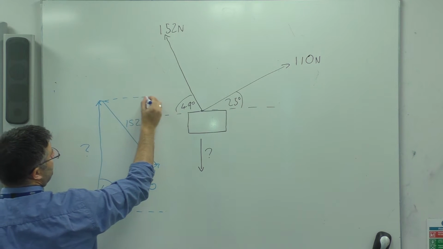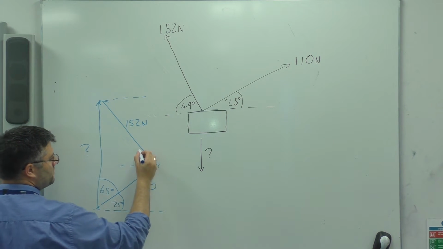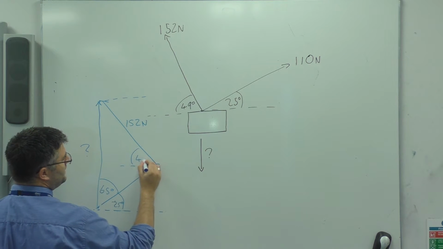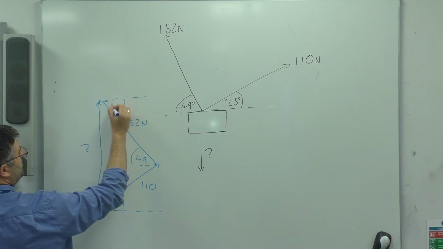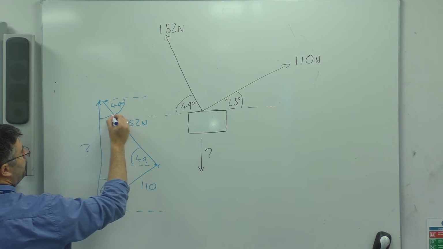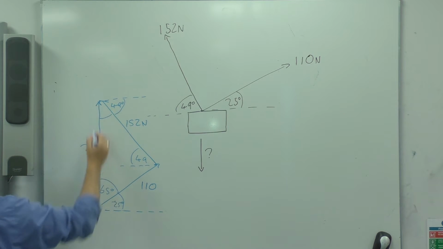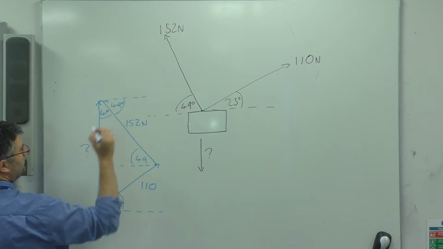We could do a similar thing up here. We know that the 152 to the horizontal is 49 degrees, which means, through the geometry of the situation, that this angle would be 49 degrees as well. Because that would be a right angle to the vertical, we're missing another 41 degrees.